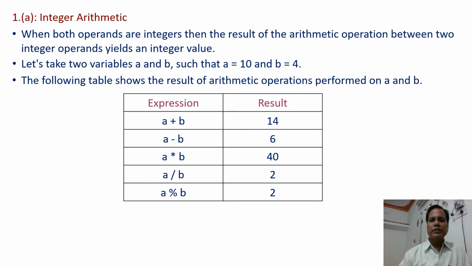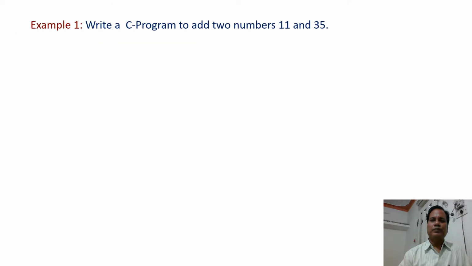A into b, 40. A slash b, 2. Here we are getting integer division only, 2, not 2.5. A modulus b: when 10 is divided by 4, what is the remainder? This remainder is 2.